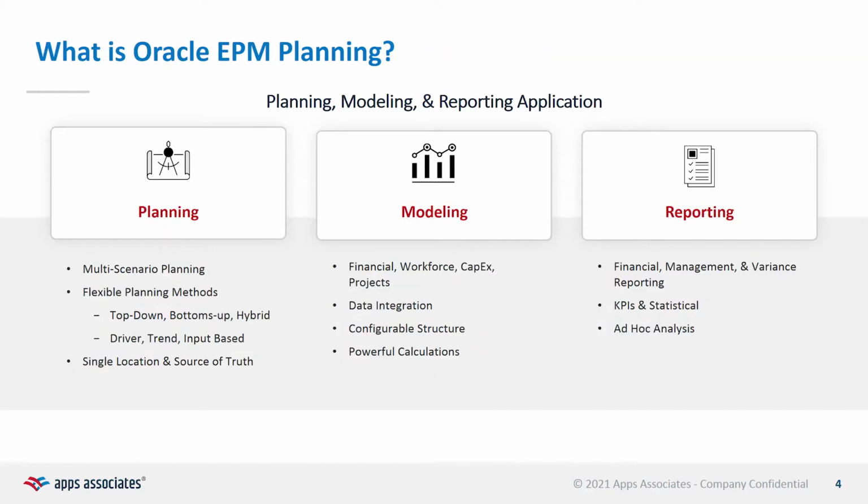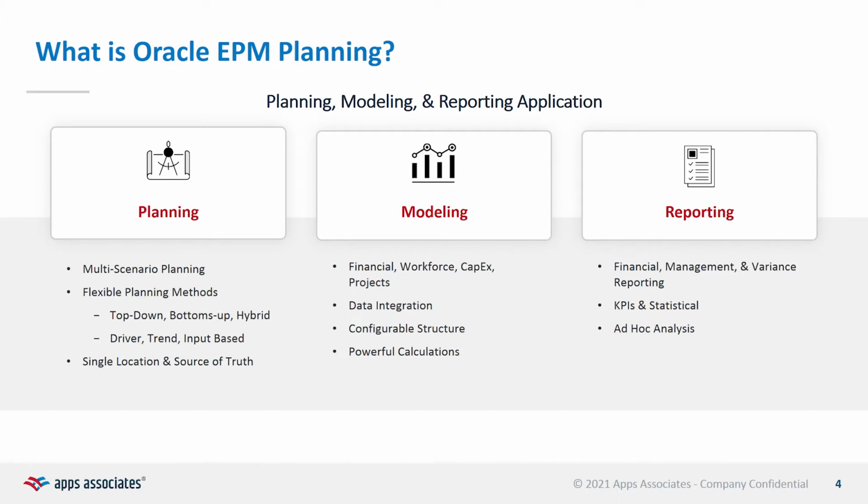It is obviously focused on planning, modeling, and reporting. If you've heard acronyms like EPBCS or PBCS or Hyperion, it is based off of the gold standard, the leading planning tool for decades now, Hyperion Planning, that has now been moved to the cloud, and it is a planning, budgeting cloud solution that allows you to model things and comes with some configurable models that you can use and add to.